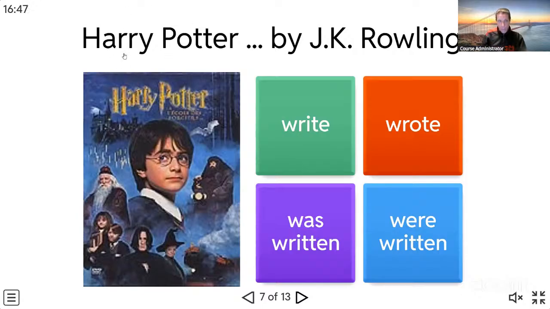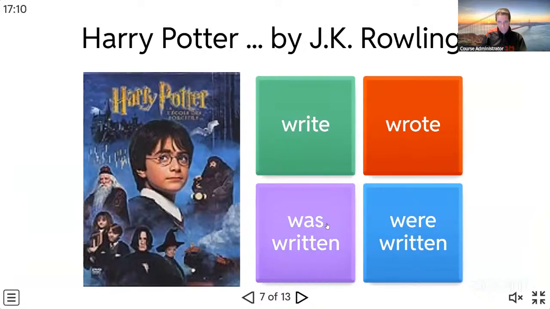So Harry Potter, we're going to mention him first, the name of the book, and it's in the past. This book was written in the past. It's one book, so because it's only one book, do we say was written or do we say were written? Harry Potter was written by J.K. Rowling.